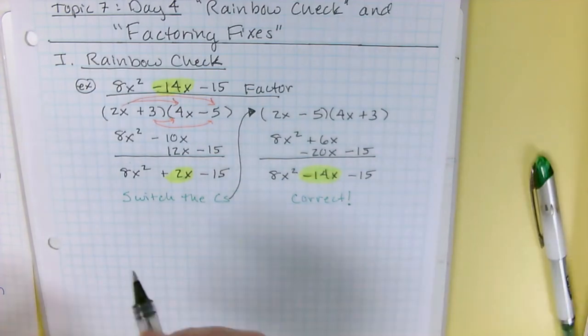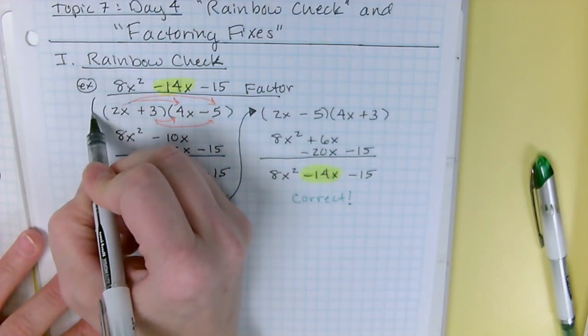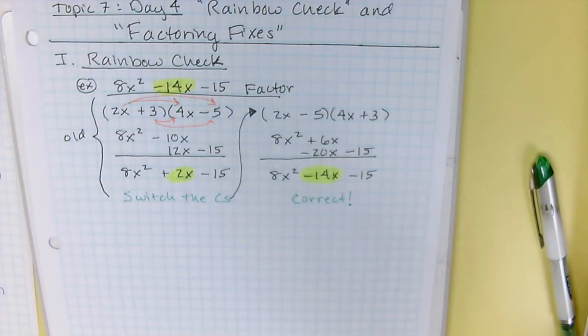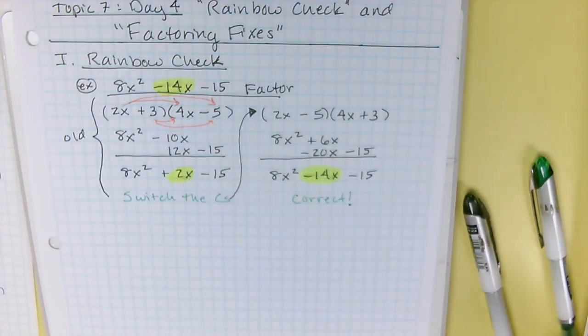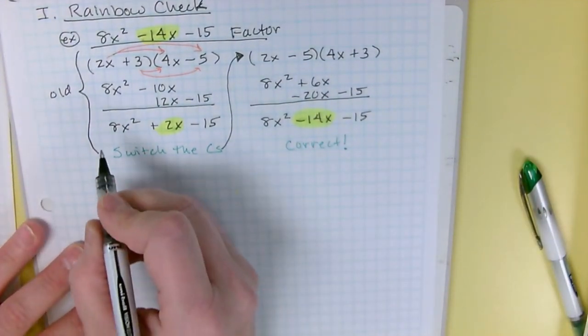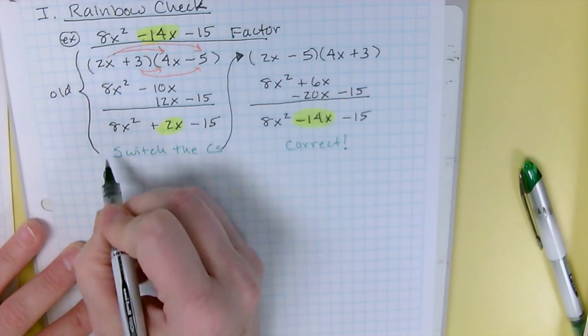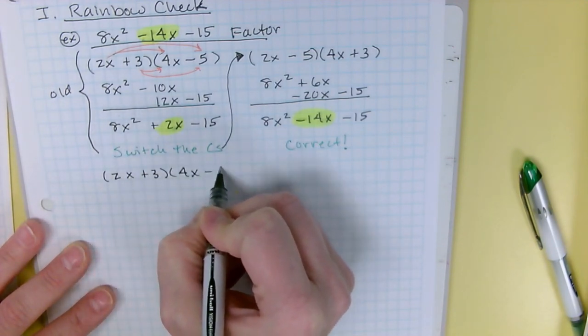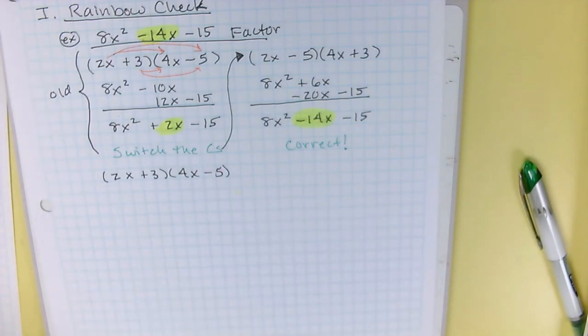All right, so that's the process that we have been doing on the homework. So this is the old process. So now I'm going to show you with the new process how you can get away with a lot less work. So let's write down our original two factors, 2x plus 3 and 4x minus 5.